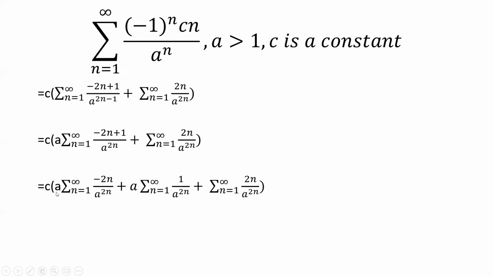And so in the first expression, we have a times the summation of negative 2n over a to the 2n. And of course, that a has to distribute to both of the summations. So a times the summation of 1 over a to the 2n, plus my right-hand side of the summation of 2n over a to the 2n.